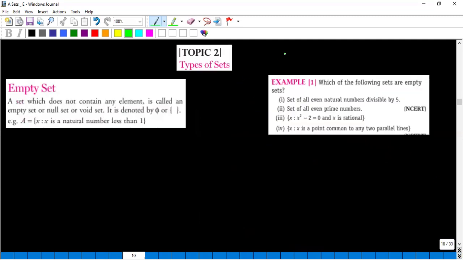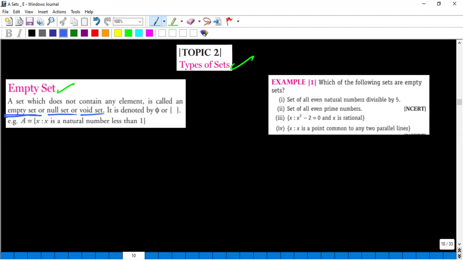Let's see the second topic, types of sets. What are the basic types of sets we have? First one is empty set. The meaning itself reveals that empty means nothing is there. A set which does not contain any element is called an empty set or null set or void set.